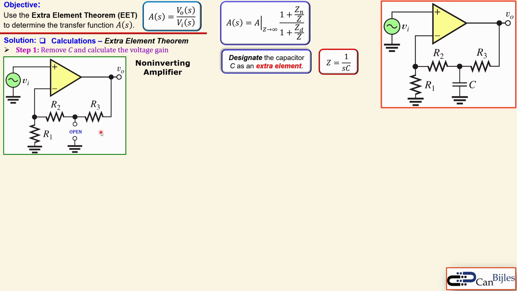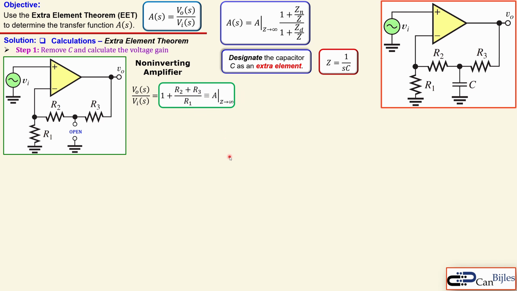So we can easily determine here the voltage gain, which is VO over VI, which is then 1 plus the resistors here in the feedback in series divided by the resistor going from the inverting node to ground. This is a standard formula, and we can use that here in this case. And that will be defined as the gain for the condition where Z is approaching infinity, which is our extra element. Okay, that was step 1.